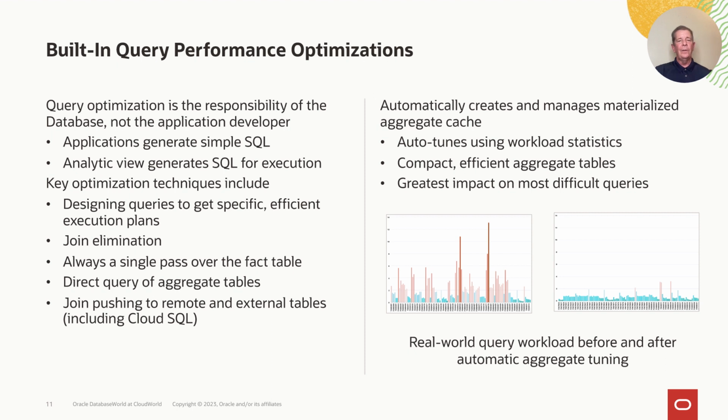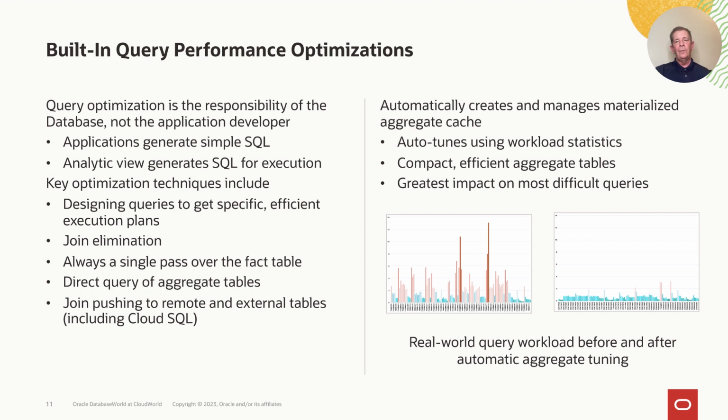The analytic view will write directly to the aggregate table, so it doesn't have to go through the same query rewrite process as, say, a materialized view. So it's completely deterministic, therefore completely reliable. The parse time around it is minimal. All great stuff. And then it can also do things like join pushing to remote or external tables, right? Because it knows about Oracle Object Store and things like that.